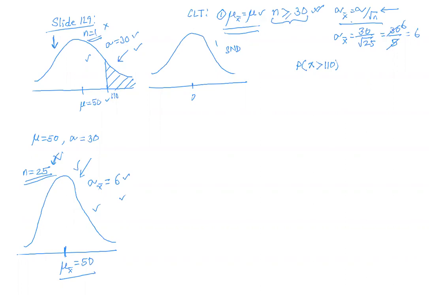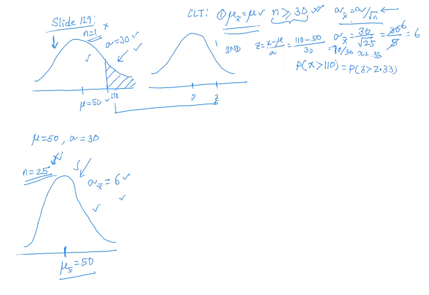Now I have to translate that to the corresponding z value. We know how to translate. Z is equal to x minus mu over sigma, which is 110 minus 50 over 30, which is 70 over 30, approximately 2.33. So that's the same as the probability of z greater than 2.33. Greater than or equal to, it doesn't matter, the same thing.